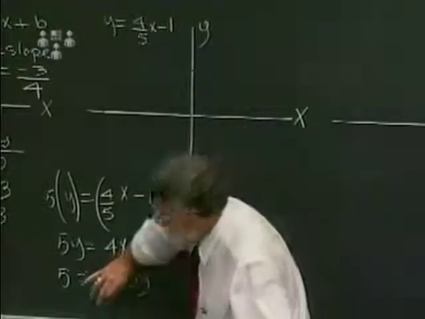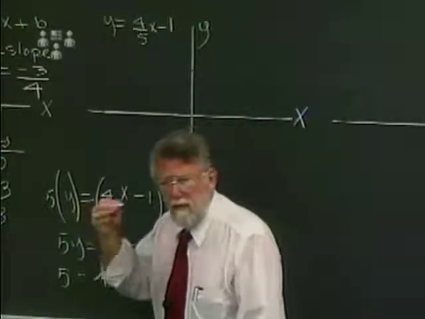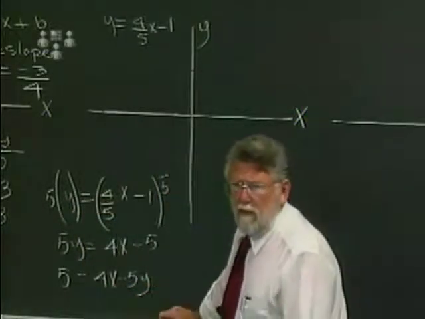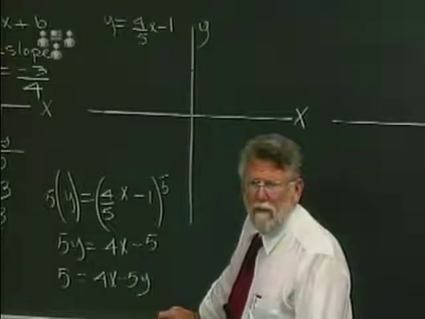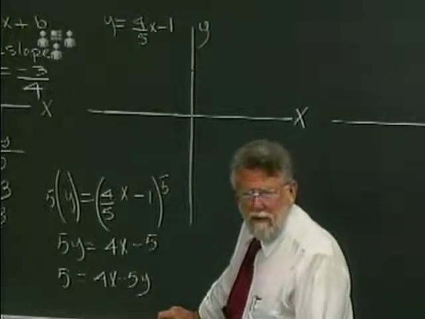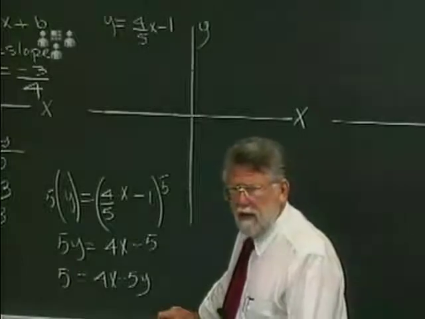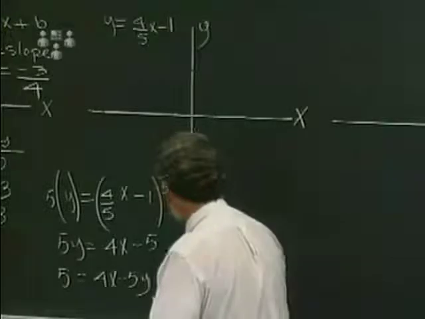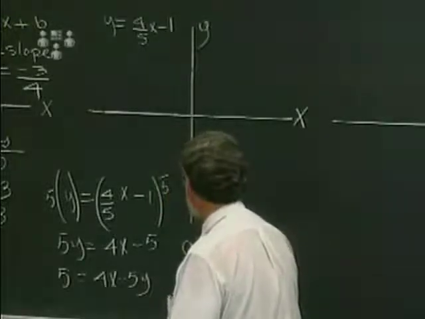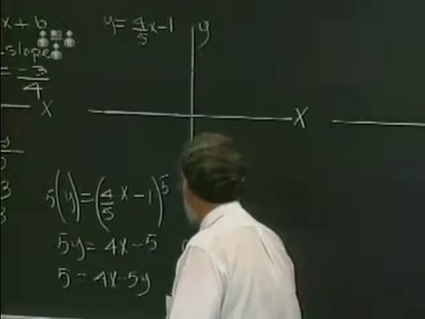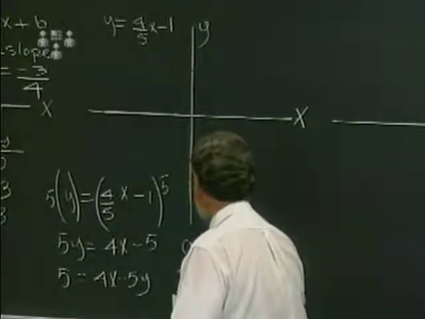Now, you can just reverse that equality. Remember, if a equals b, b equals a. Now, this particular form of the equation is called standard form, where you have something times x plus something times y equals a constant. The form we're talking about is ax plus by equals c, and we call that a standard form.